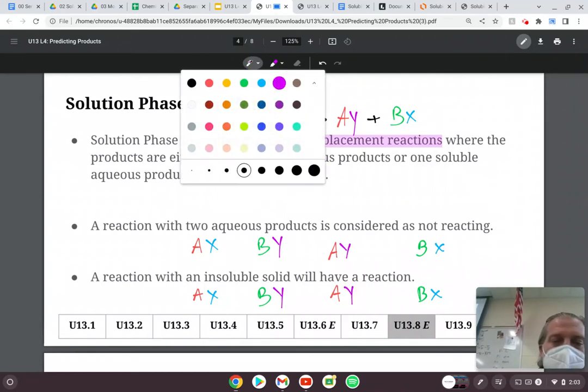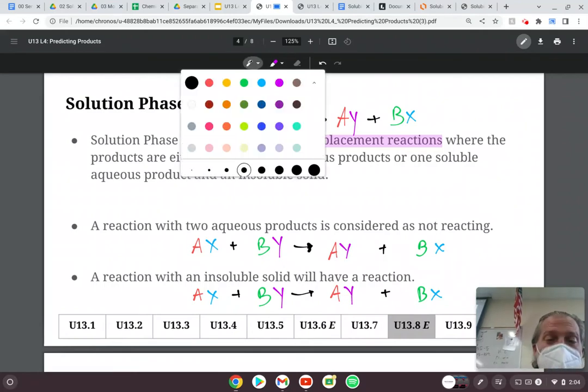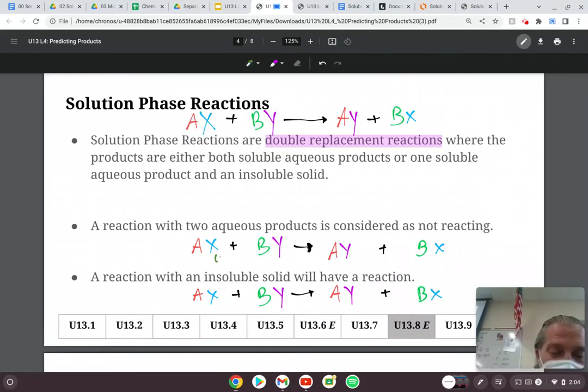Okay. All right. So in solution phase reactions, the fact that the word solution is in the name should tell you that your reactants are going to be aqueous. So in both instances, the reactants are going to be aqueous.